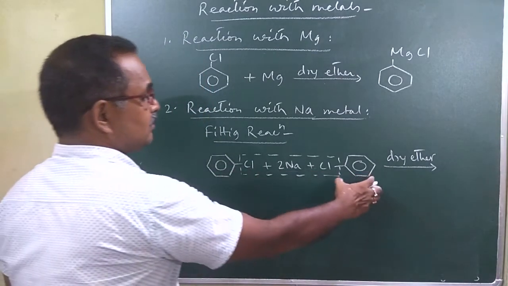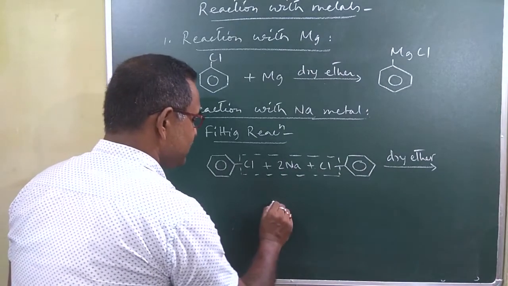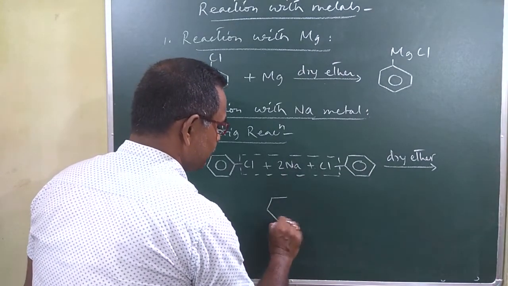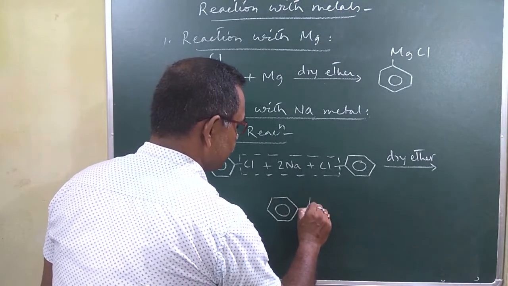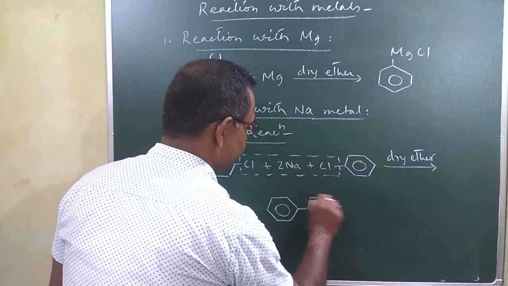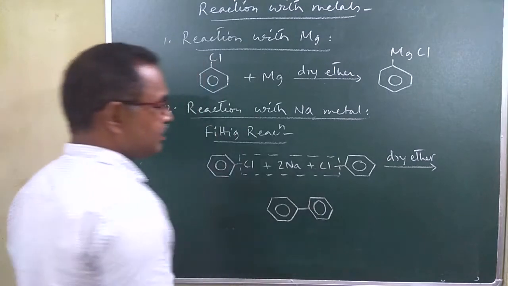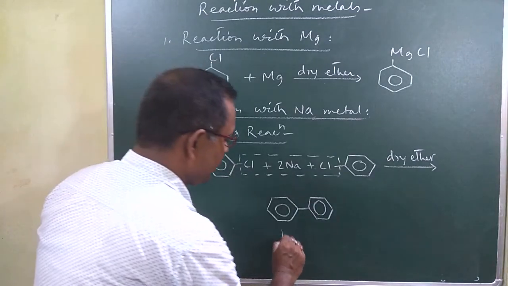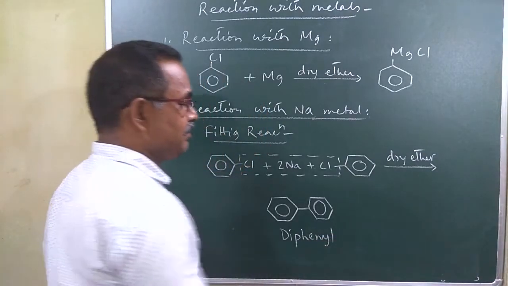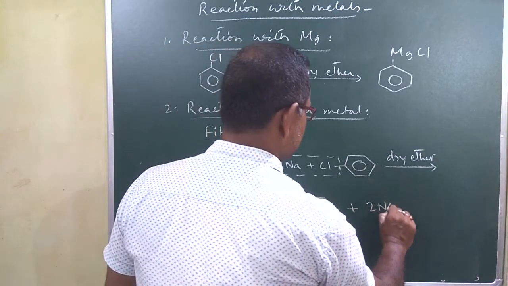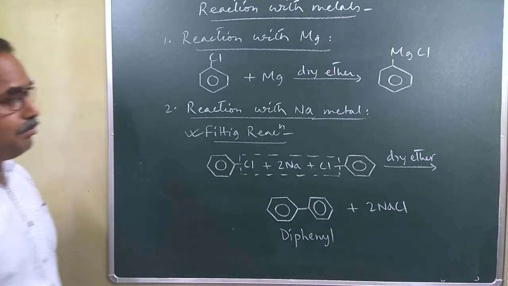Two molecules of chlorobenzene will react with two atoms of sodium. As a result, we will get this compound. This is called diphenyl or biphenyl plus twice NaCl. This reaction is called Fittig reaction.